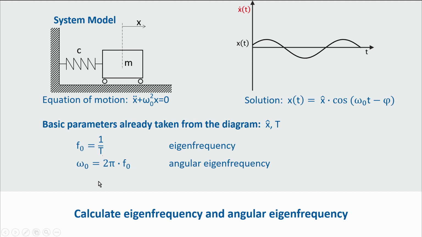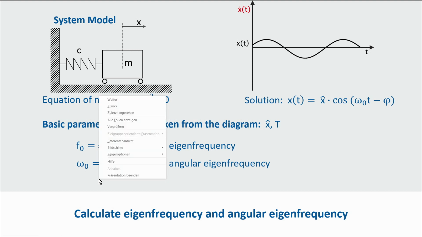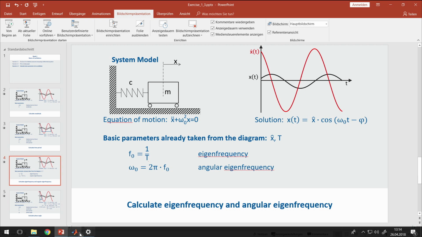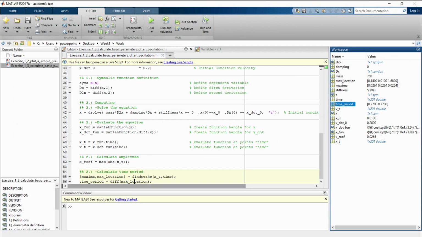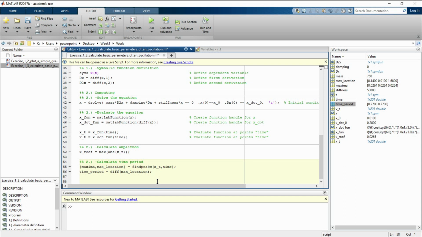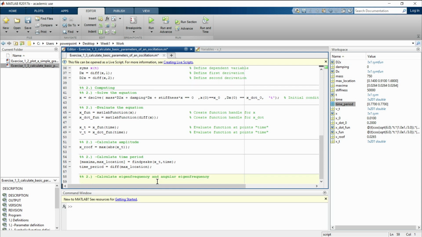So we actually just need to use Matlab as an ordinary calculator. In order to do so, we define a new section which is called calculate frequency and calculate angular eigenfrequency. First of all, we want to calculate our frequency, which is just 1 divided by the time period.